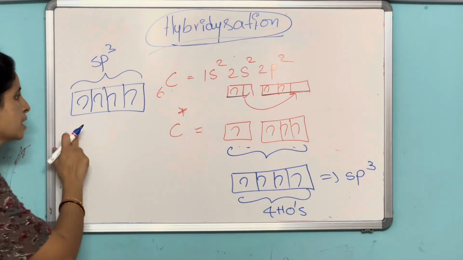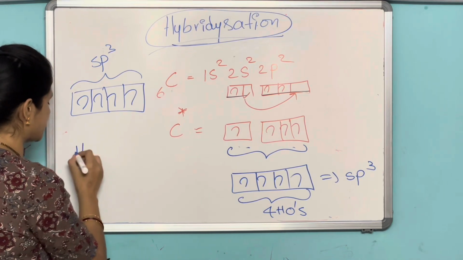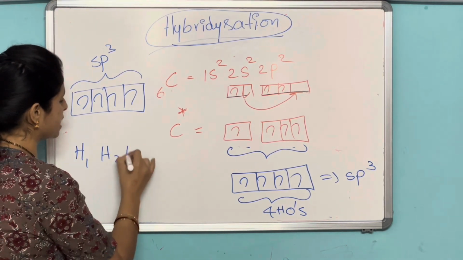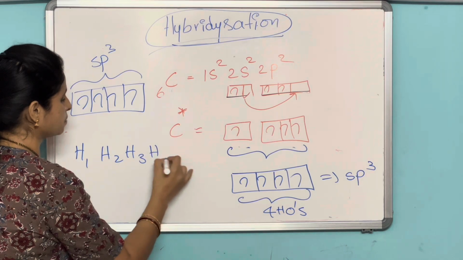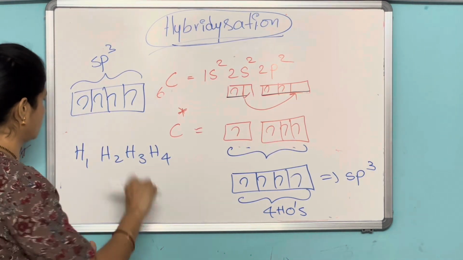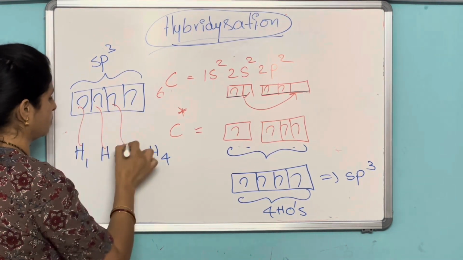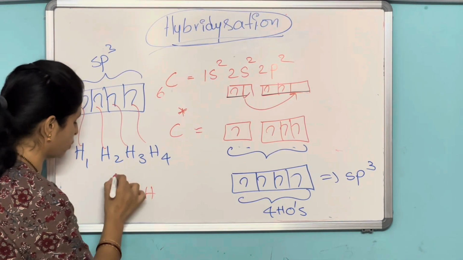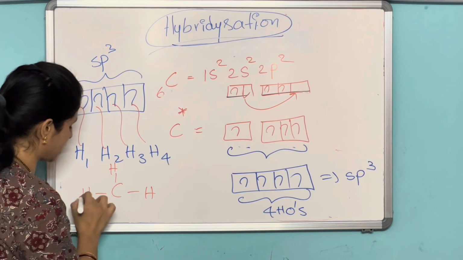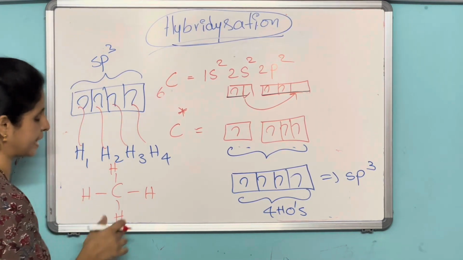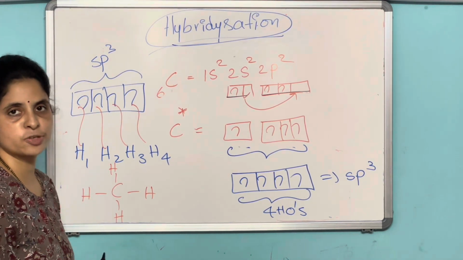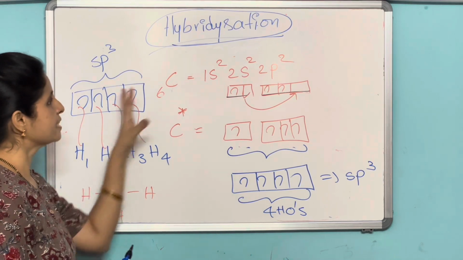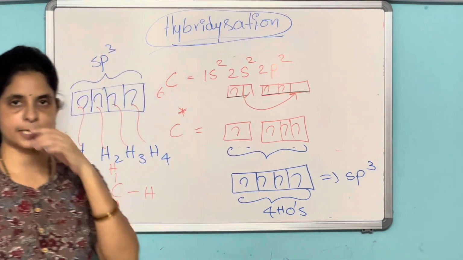The sp3 hybrid orbitals of the carbon atom mix with 4 hydrogen atoms, resulting in the formation of the CH4 molecule in which all the CH bond lengths are identical. This is the concept of hybridization.